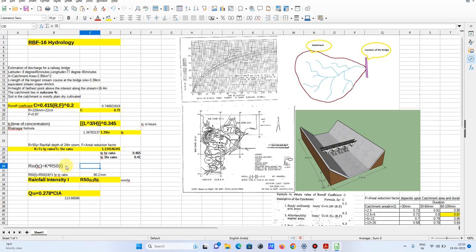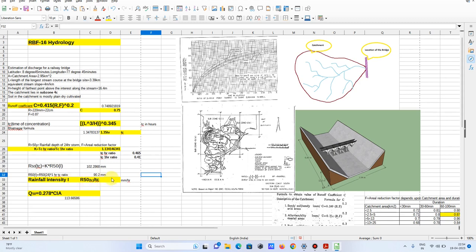K factor we know is 1.134 into this R50I, equals 102 mm. With this R50TC we will use it in the rainfall intensity formula.